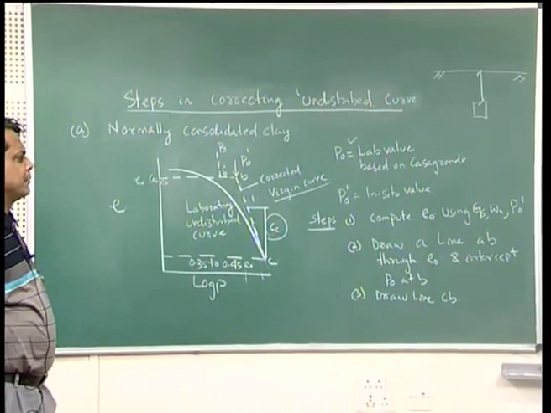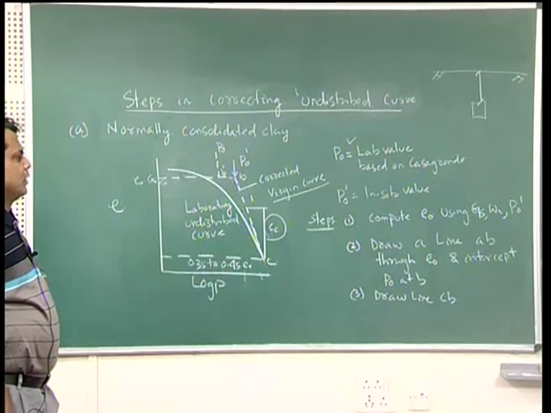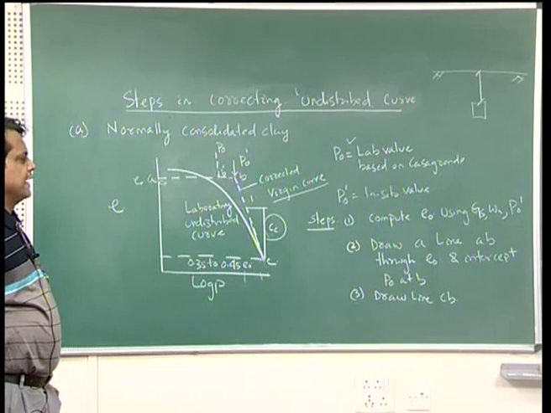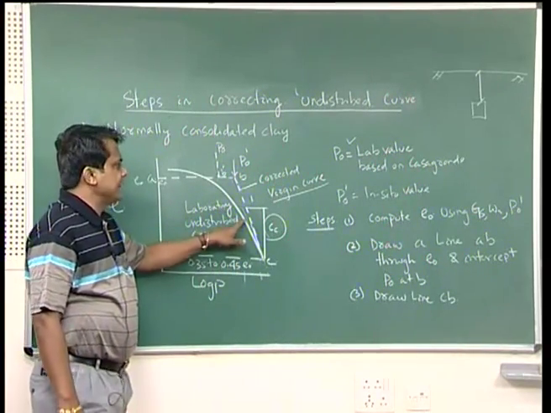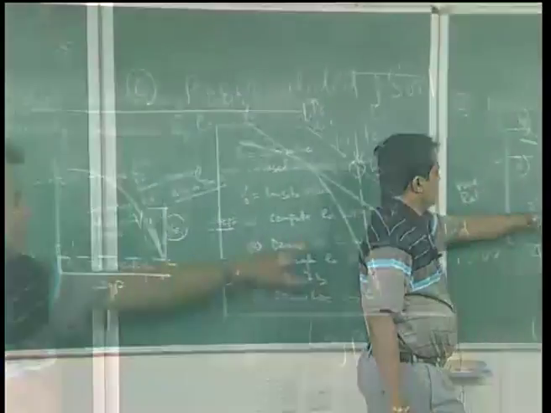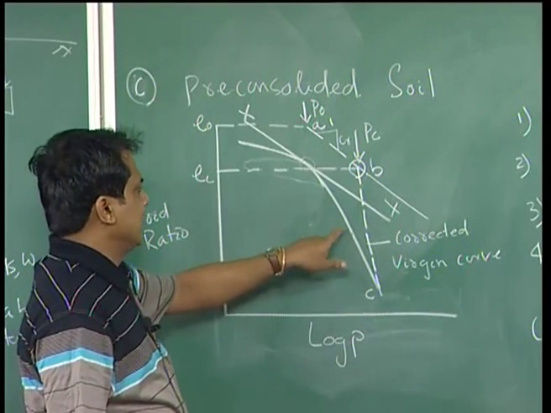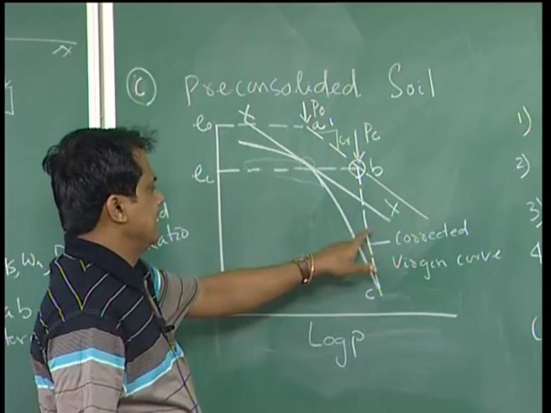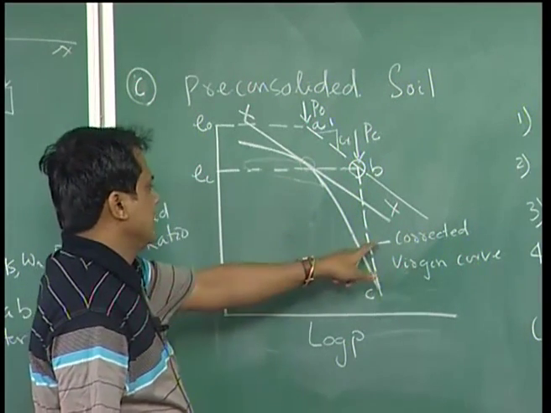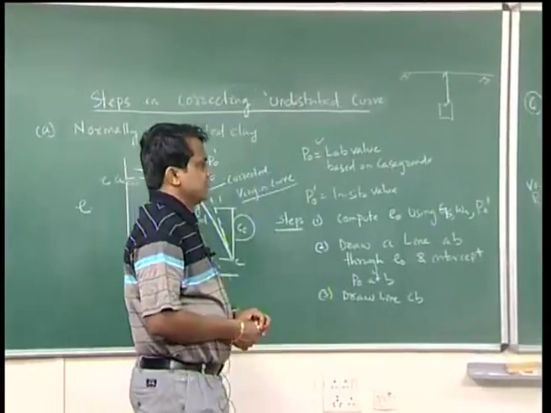Once you get the corrected virgin curve, this CC has to be used for other calculations like foundation design and, from the soil mechanics point of view, not the other CC. The laboratory undisturbed curve's CC has not to be used. Rather, this curve will be corrected, and the CC you get is your corrected CC, and it can be used for settlement calculations.